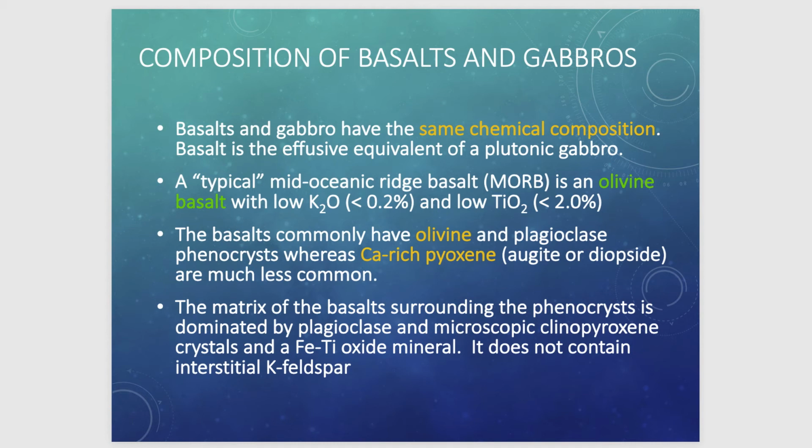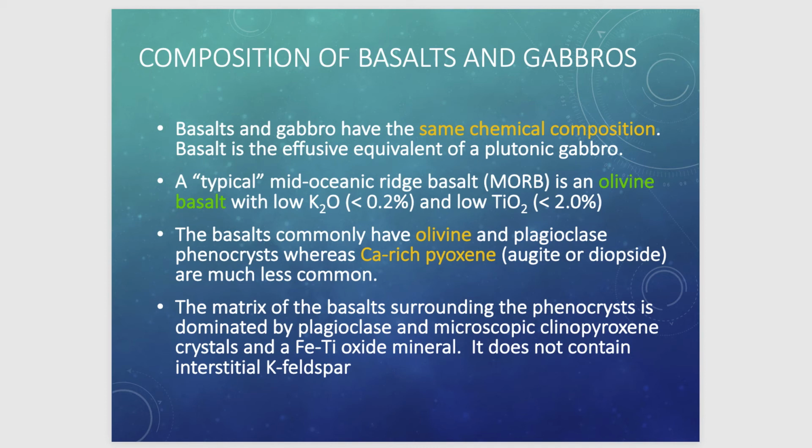But if we focus on the chemistry, a MORB is usually equivalent to an olivinic basalt with relatively low potassium concentration, less than 0.2%, and trace elements are also very low. Similarly, we have titanium that is less than 2% in the rock.